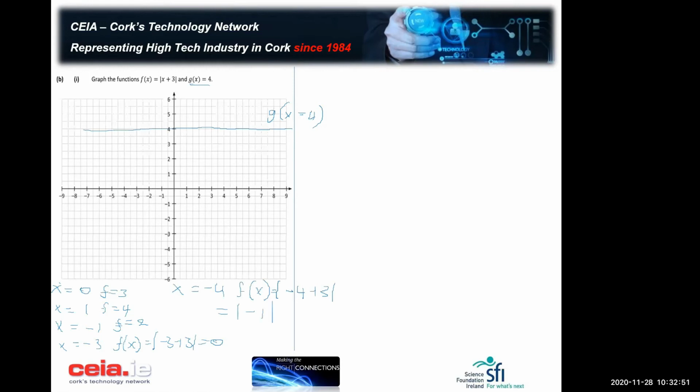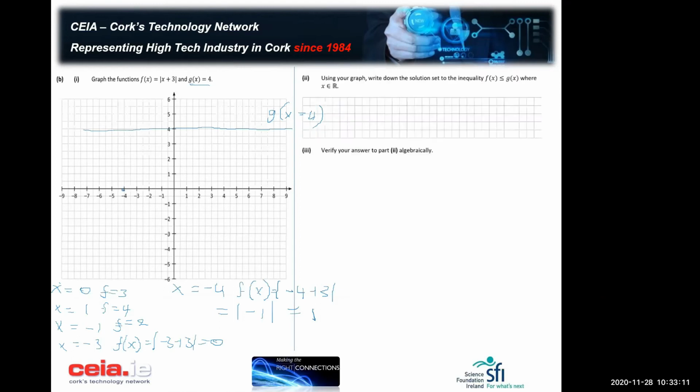But the modulus means that you only take the pure value, you don't take the sign. In other words, it just wants to know the actual size of the unit. So your answer to that is 1. So when x is equal to minus 4, we know that f of x is equal to 1. So it's up here.